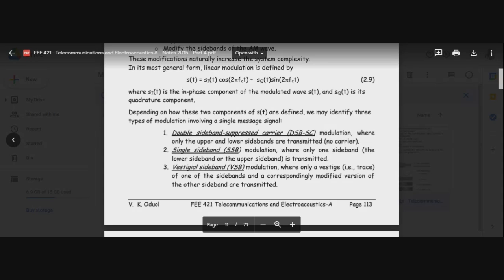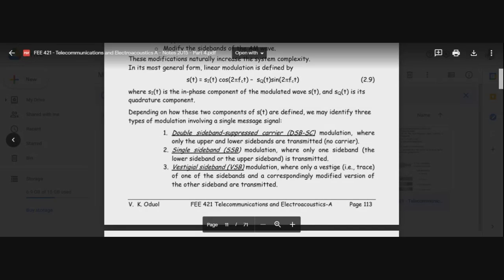You will find that if either S_I is 0 or S_Q is 0, then you end up with a signal that has a component above the carrier and a component below the carrier. This double sideband suppressed carrier is similar to what we saw already when you multiplied the message by a carrier.